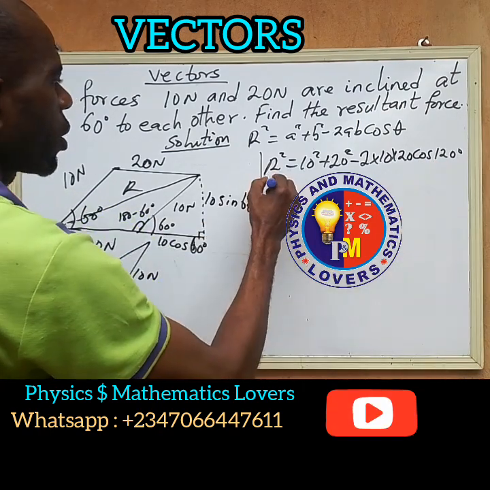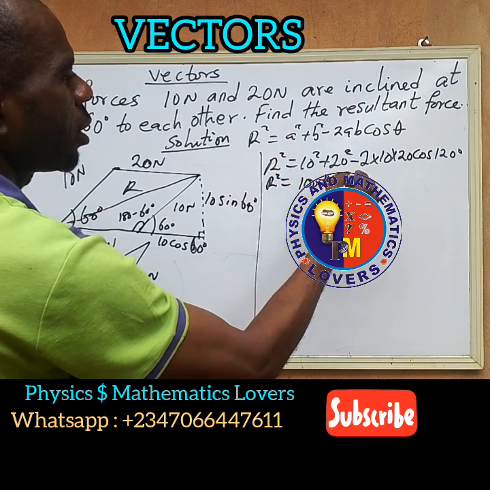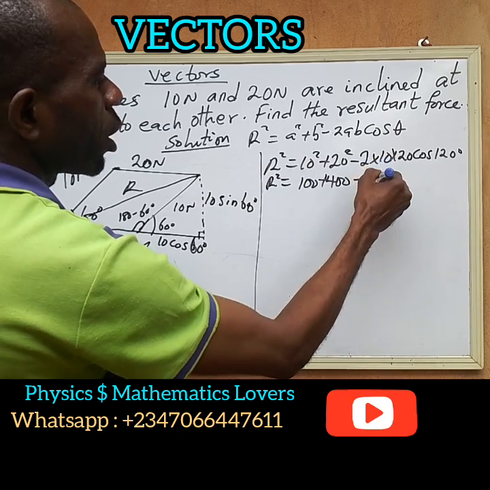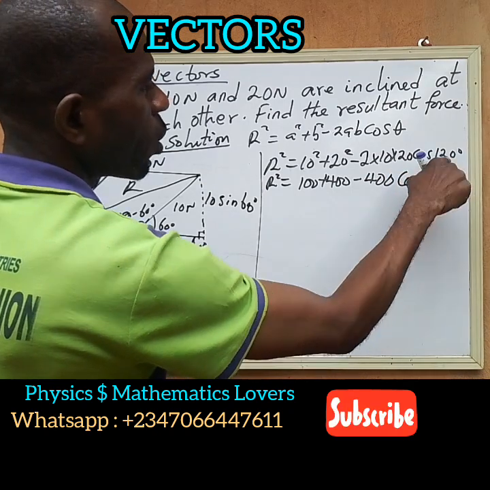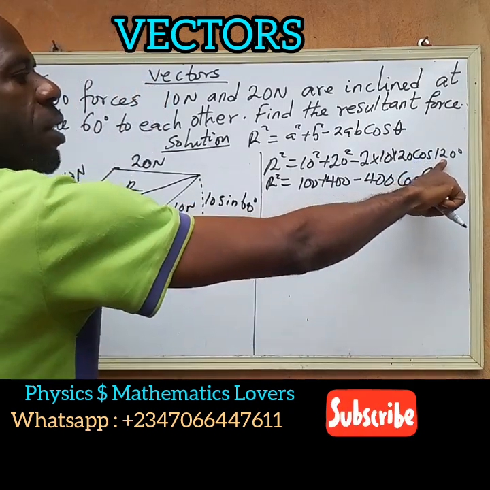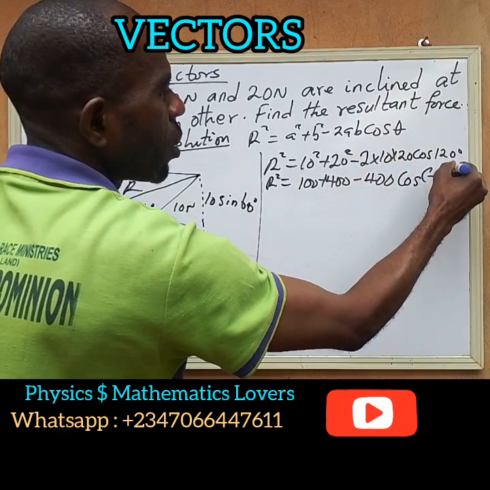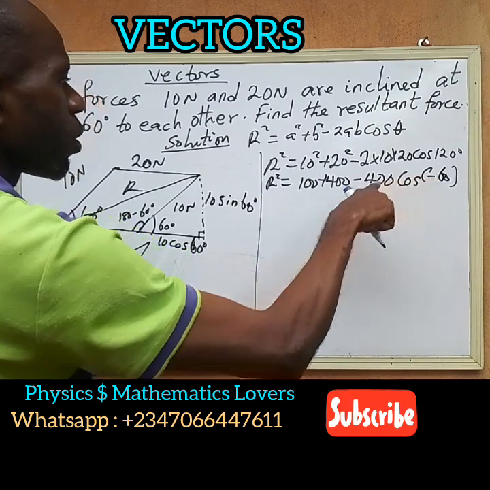So that means R square is equal to 100 plus 400 minus 20 times 20, that is 400, cos, negative, because this one is in the second quadrant. Then you have to subtract this one from 180, which gives 60 degrees. Now, I know that this minus is going to come here.